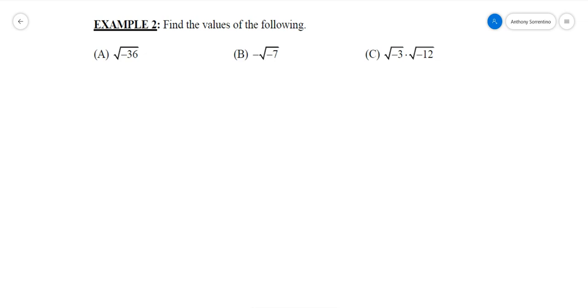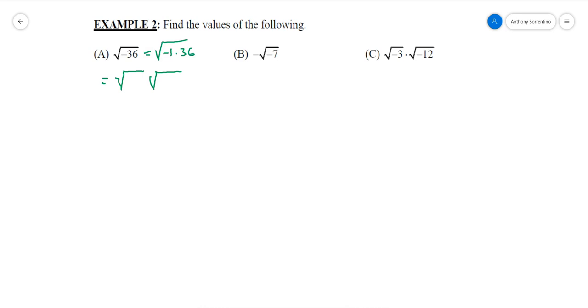So if I had the square root of negative 36, I could look at this as, based off of other rules of radicals, equal to the square root of negative 1 times 36.